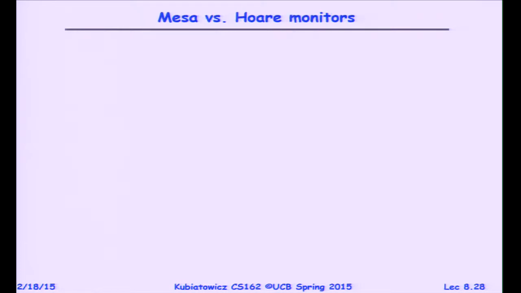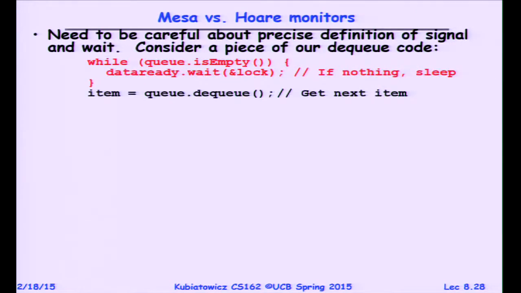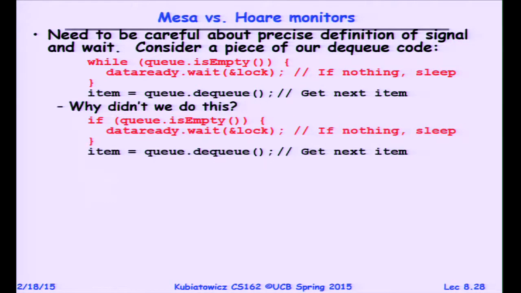So let's suppose we answer that question in the following way. You need to be very careful about the precise definition of signal and wait. So consider a piece of our DQ code. What you see here is the while queue.empty data.ready.wait, and you're asking about that. And it turns out that you might ask, why didn't we do this?